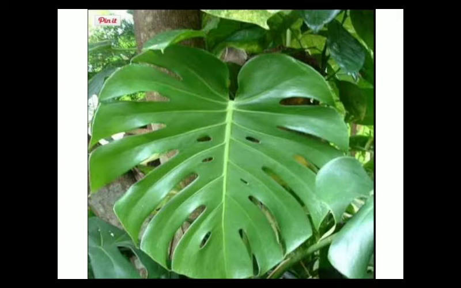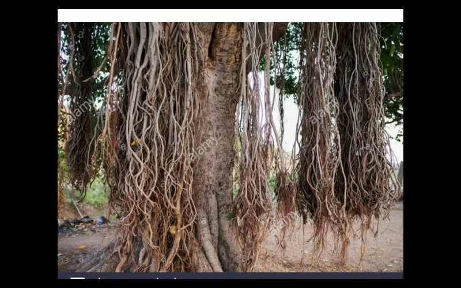In this monstera plant we can observe the adventitious roots. And these are the hanging roots of the banyan tree. What are these? These are adventitious roots. They do not arise from the radicle of the embryo; they simply emerge from the stem, so they are adventitious roots. These hanging roots of the banyan tree are also known as prop roots. So there is one special term for the hanging roots of banyan tree, and they are known as prop roots.